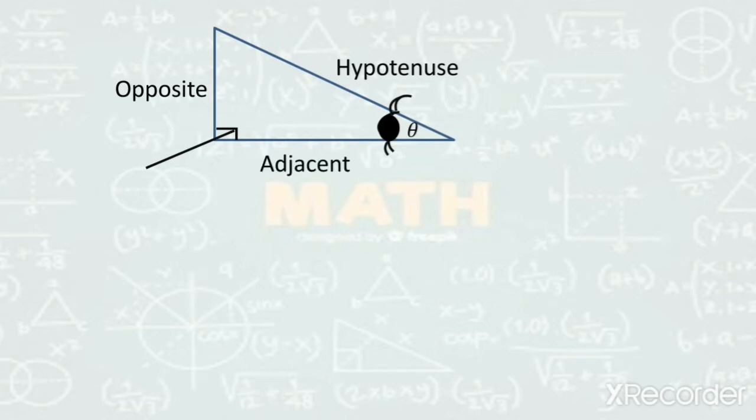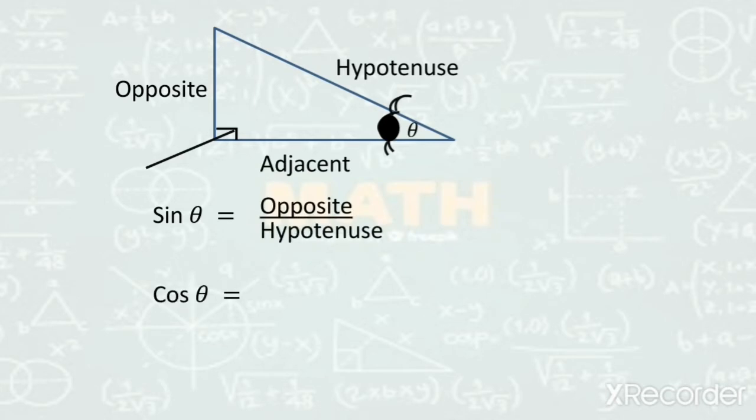So in the trigonometric lesson, they have given three relationships between these sides. First one is sine theta. Sine theta means opposite divided by hypotenuse. Cos theta means adjacent divided by hypotenuse.